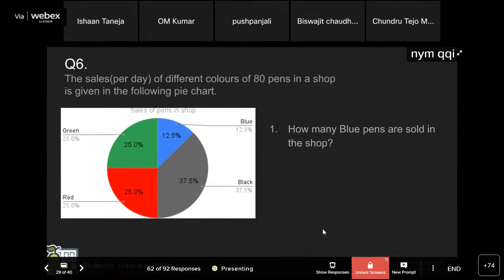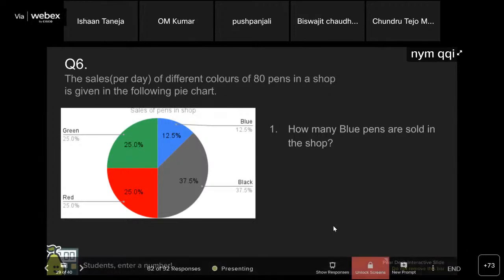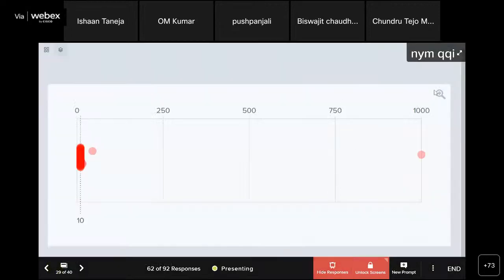Okay, I think we can move to the solution part, or are there some who still need more time? Okay, we will move to the solution part in that case.